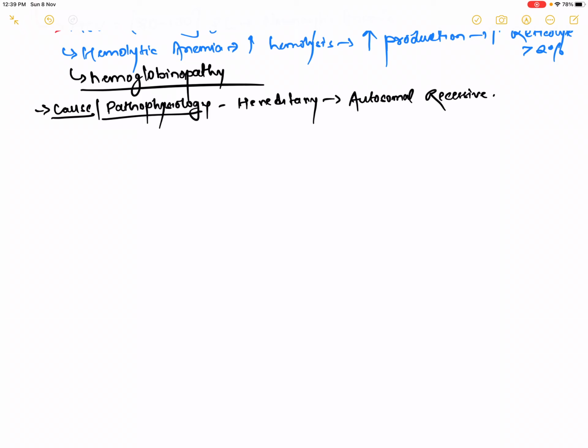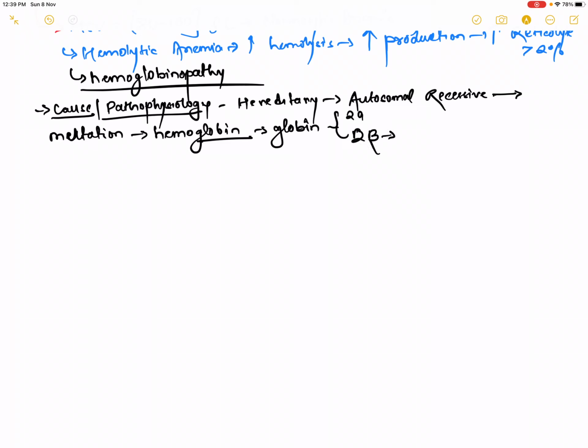So what is the main defect here? It is a mutation in the hemoglobin, in the globin. Globin has 2 alpha chains and 2 beta chains. The mutation is in the beta chain, in the amino acid sequence. In the sixth position, there is usually glutamic acid in normal RBC, which is substituted by the amino acid valine.